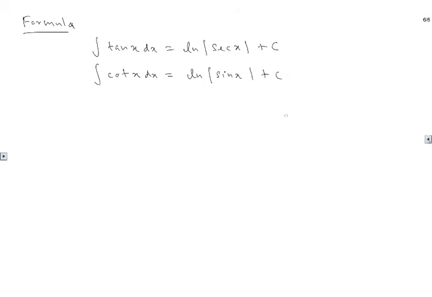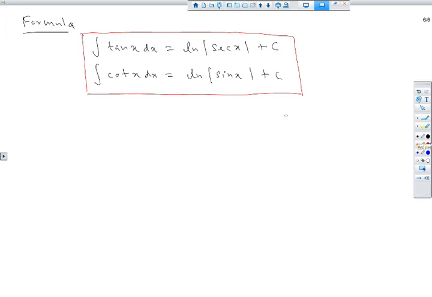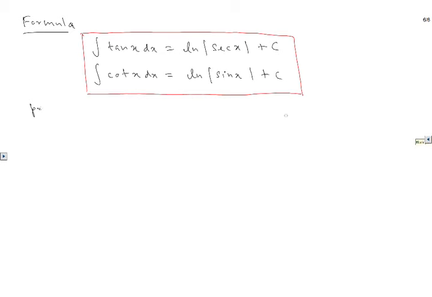Okay, so we're going to prove these two formulas right now, and then after that you can use this. So this is a formula. So let's do that. Let's get the proof of 1 and 2. So let's do the first one.